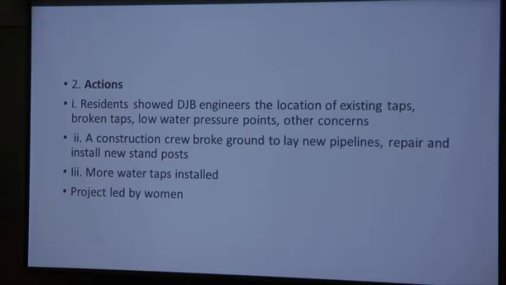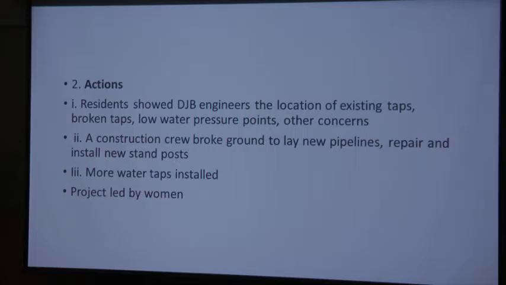The actions resulted in repairs, in construction, and more water taps were installed. It wasn't as if the problem was entirely solved, but the inequality was greatly reduced and new opportunities of access were definitely created.